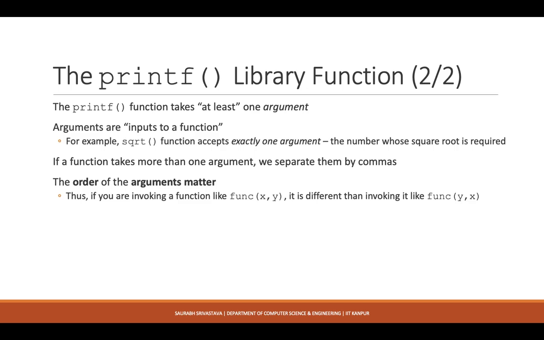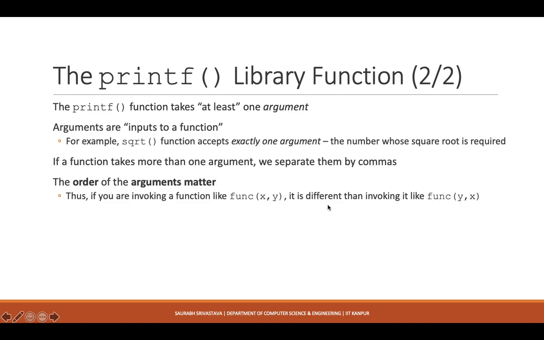Whenever you are invoking a function, whenever we write something like func(x, y), we are saying this function will be executed and the result will be brought back. Here x comma y are two arguments for this function, and that is different from invoking it like y comma x. So the order actually matters.